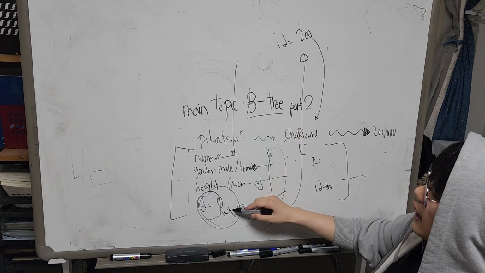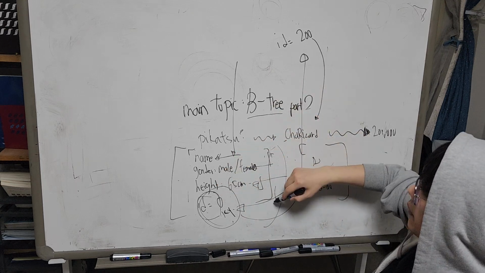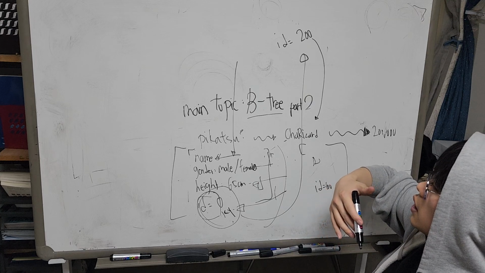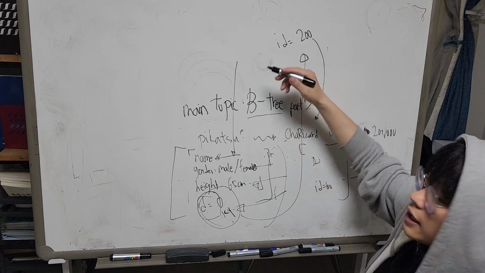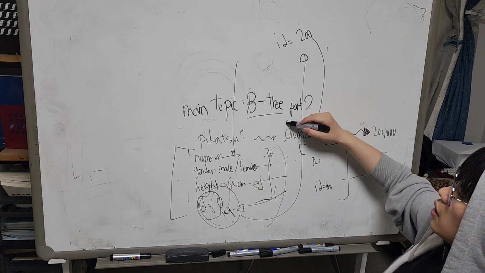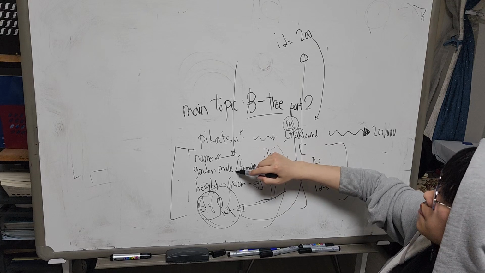And it has to be done not just once. For example, you have Pikachu which is ID 0, but if it's 100, you're going to do the same thing.